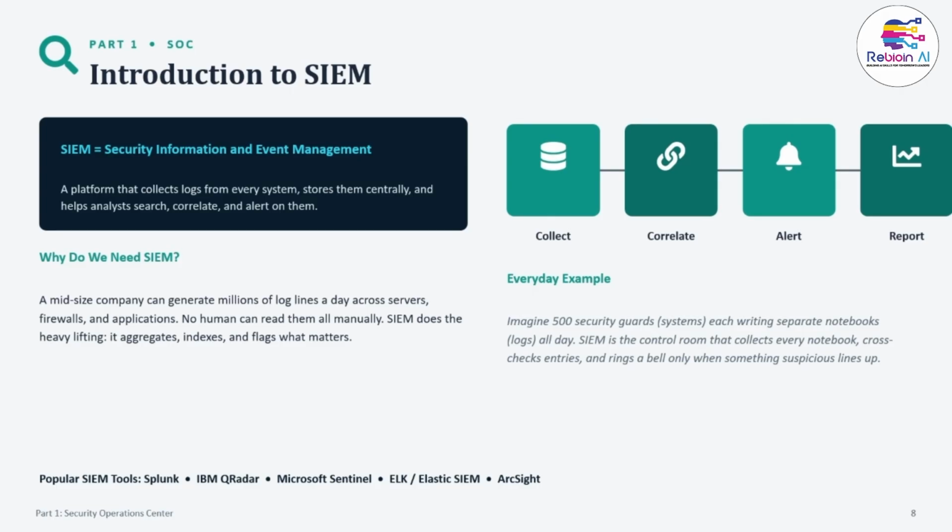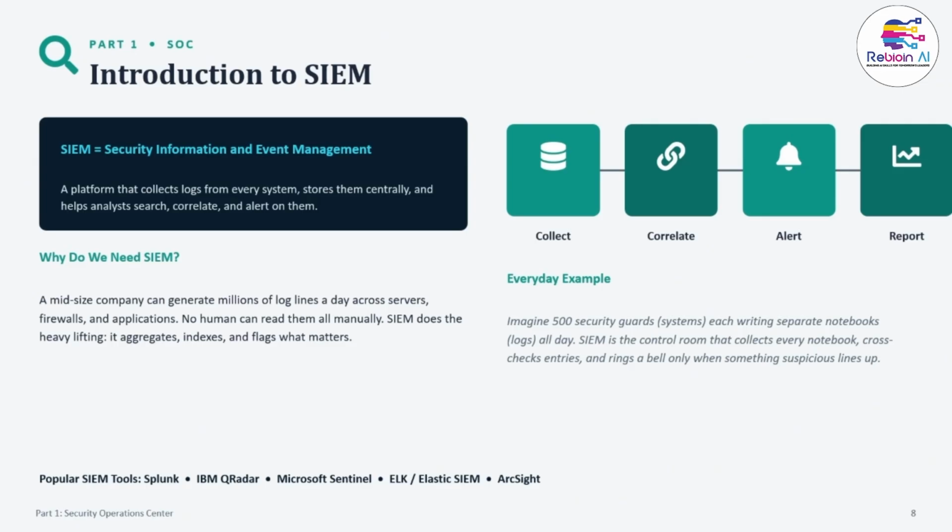Let's understand with an example. Imagine 500 security guards each writing in their own separate notebook all day long. A SIEM is the control room that collects every single notebook, cross-checks the entries against each other, and only rings a bell when something suspicious lines up across multiple notebooks at once.